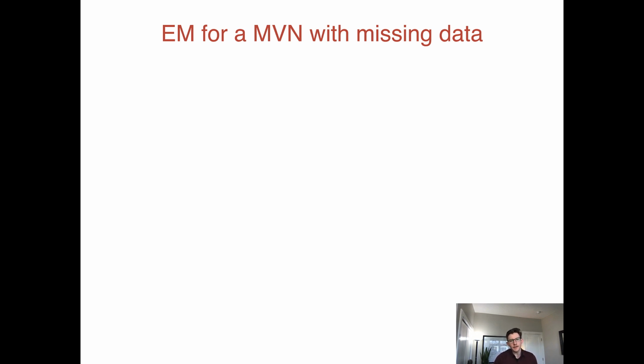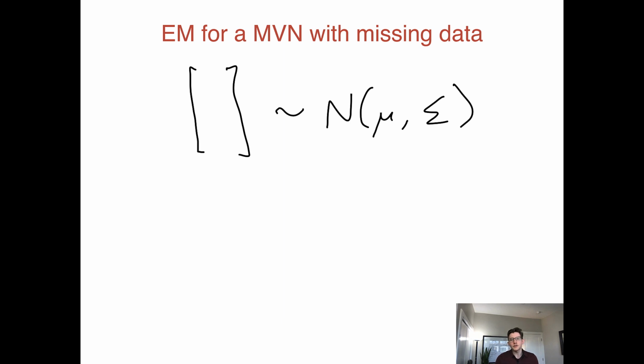In this case, we're going to look at the example where we have some vector, and we imagine that this vector is generated according to a multivariate normal distribution with some mean and covariance that are unknown.